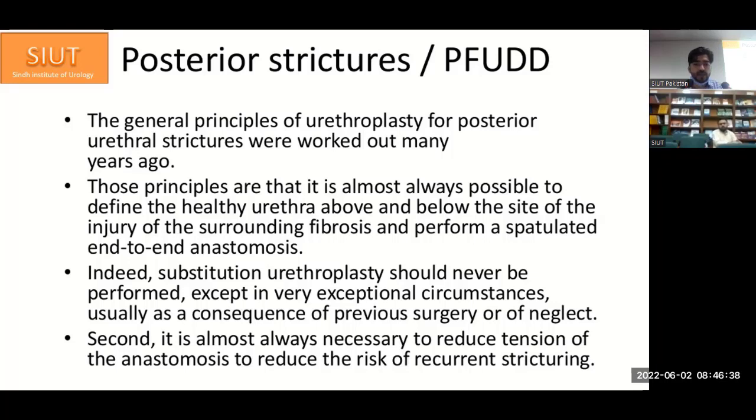Indeed, substitution urethroplasty should never be performed except in a very exceptional circumstance, usually as the consequence of previous surgery or negligence. Second, it is almost always necessary to reduce the tension of the anastomosis to reduce the risk of recurrent stricturing.